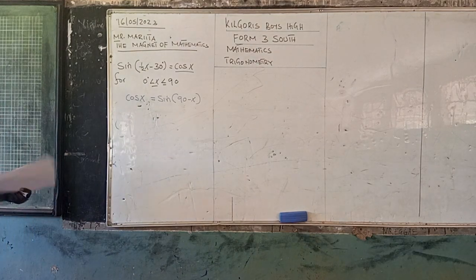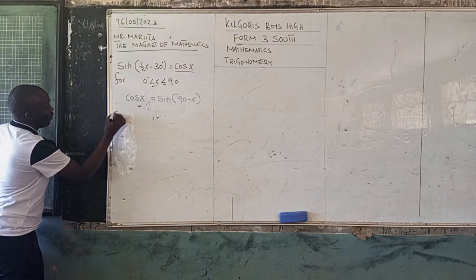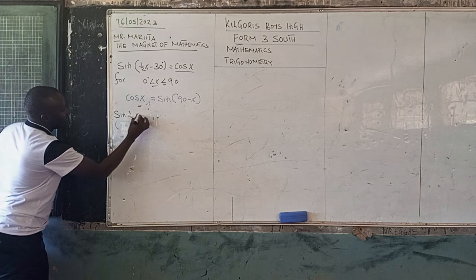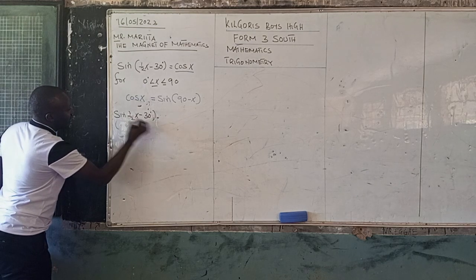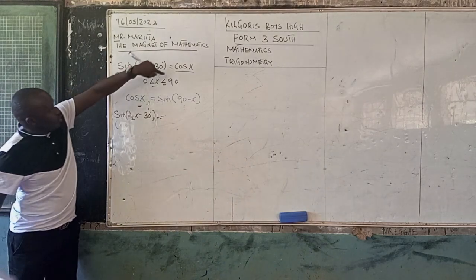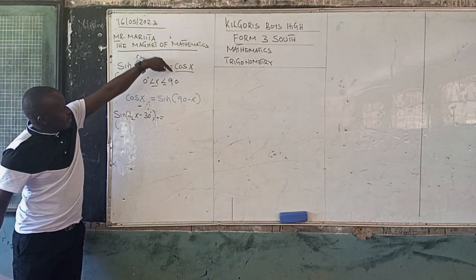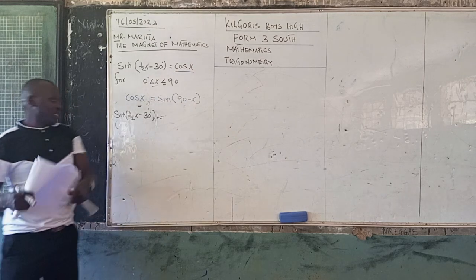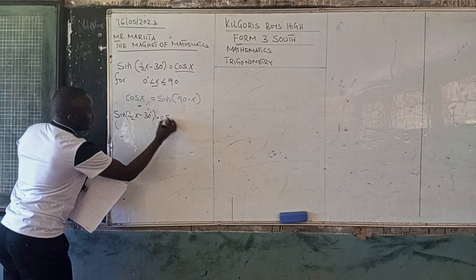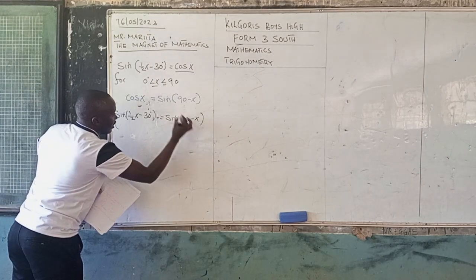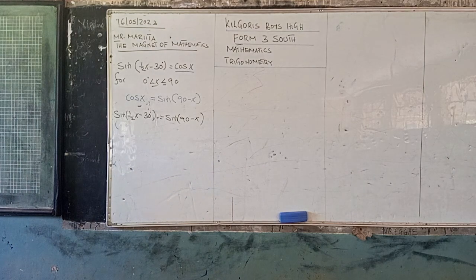From here we can solve: sine of (a half x minus 30 degrees) equals p sine of (90 minus x). Now this will not be equivalent to p cos x because we have expressed cos x as sine 90 minus x.